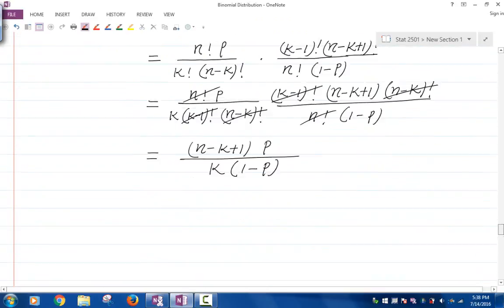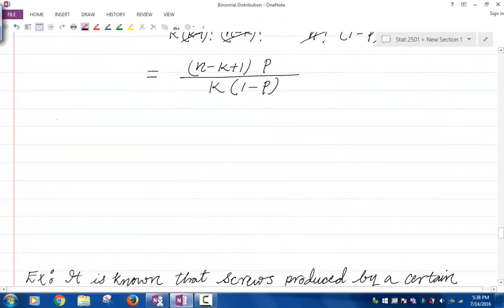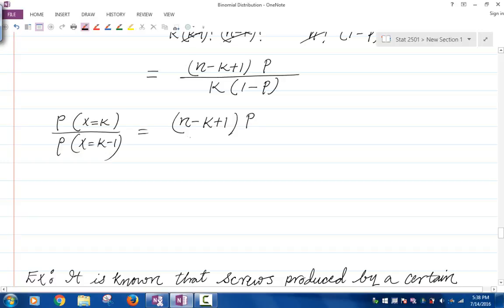Alright, so finally what I'm getting here is that the probability that x is k divided by the probability that x is k minus 1 is equal to n minus k plus 1 times p over k times 1 minus p.